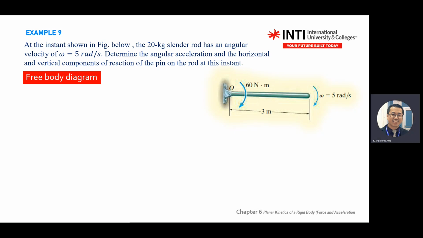There's a pin here, and a pin always has y and x forces. If you really don't know how to analyze whether it goes up or down, just imagine you are the pin, then reverse the direction for the other body. For example, in this case at point O, you are holding the rod.